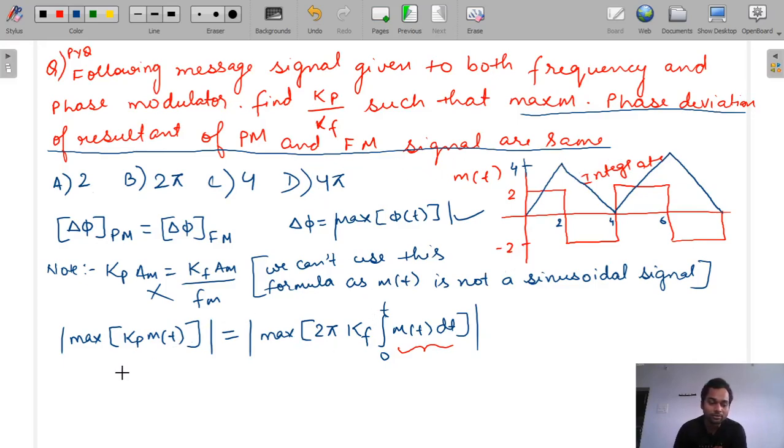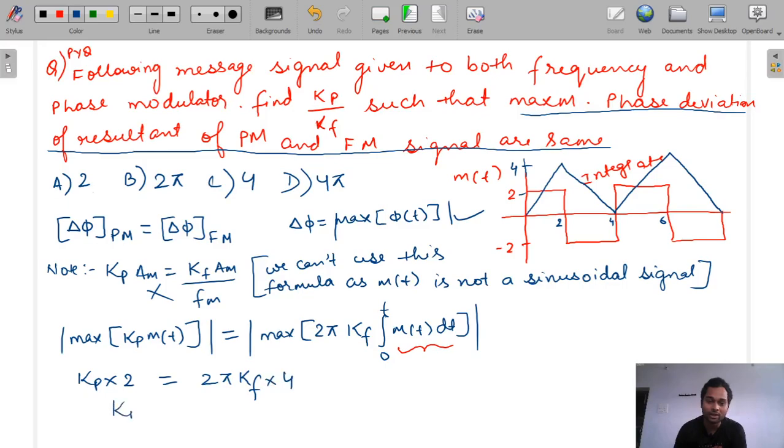So now the maximum of kp mt here will be kp, and the maximum of mt is 2 here. The message signal is the red curve. So kp into 2 is equal to 2 pi kf, and the maximum of the integration is 4.